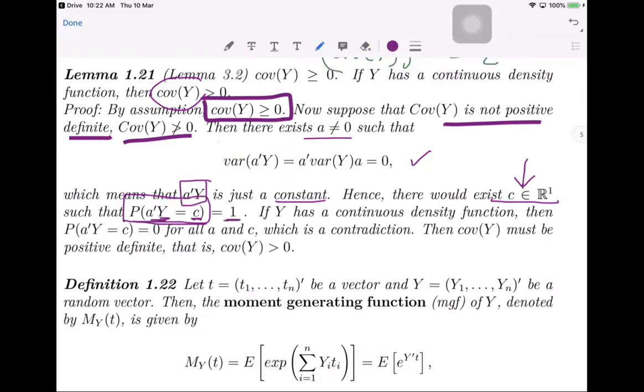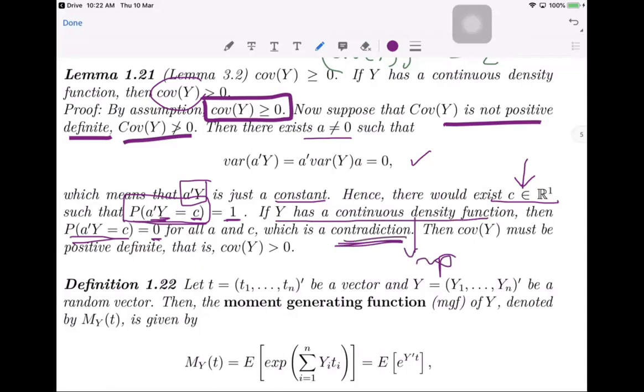that constant is 1. You are very sure. But if Y has a continuous density function, the probability that it is exactly equal to a constant is 0 for all C, which is a contradiction. So we have shown that it is not P, which is a contradiction.